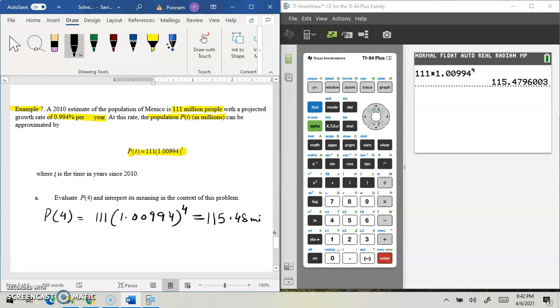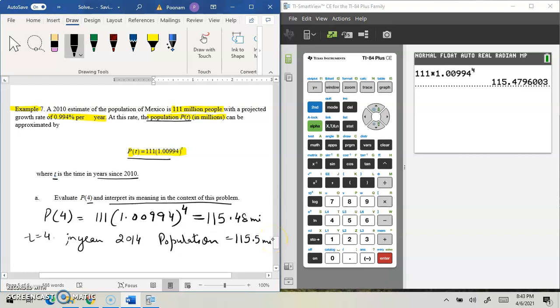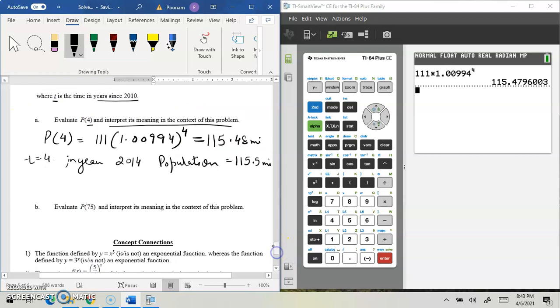So what does it mean in the context of the problem? This is the population in millions in T years since 2010. So here T is given to be 4. That means in year 2014 population in Mexico would be 115.5 million approximately. That would be the meaning of the application.